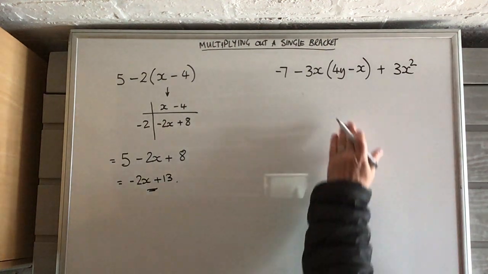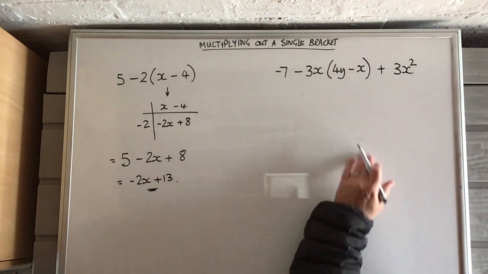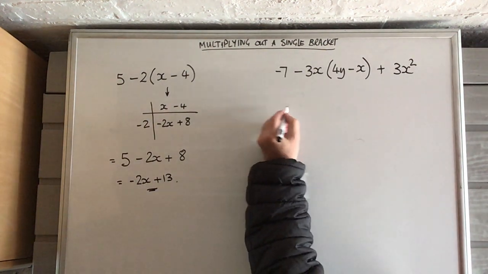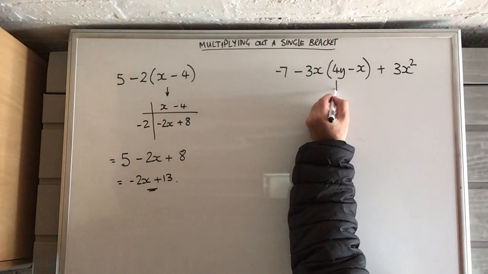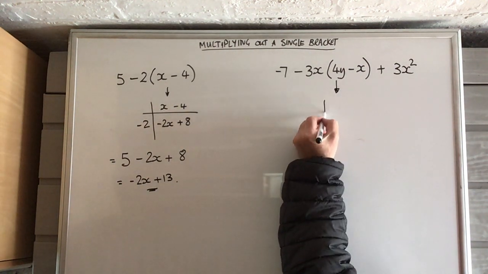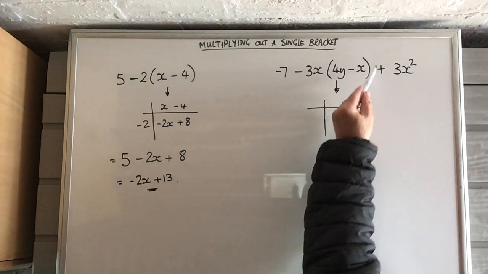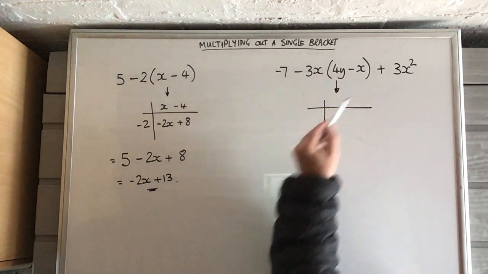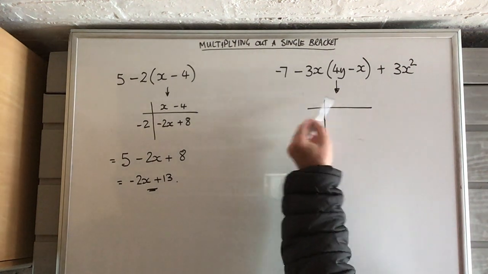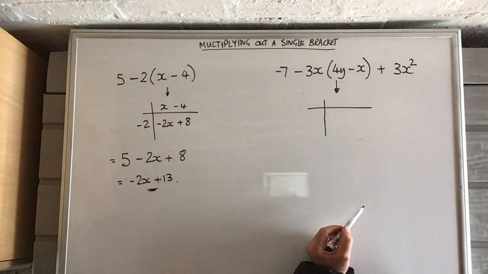Just made that up. So let's look at how we would tackle that. Quite a lot to this. So let's deal with the bracket first. So let's get my grid sorted out. So what I'm doing is I'm evaluating this part here, and then we'll rewrite it in terms of the expansion, and then we'll just tidy up.